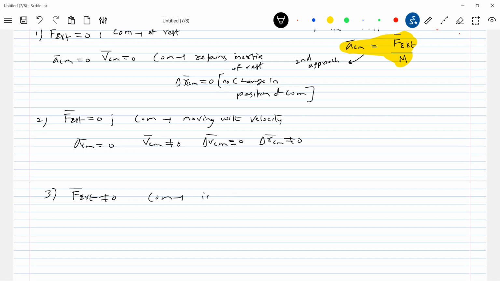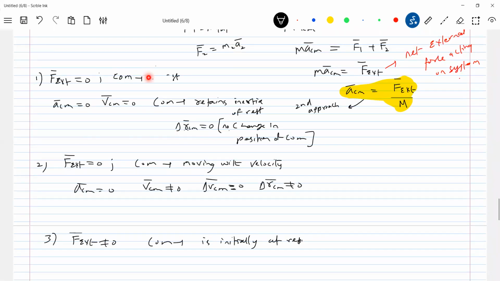Some are asking about initially moving with velocity; okay, I have put everything in order.